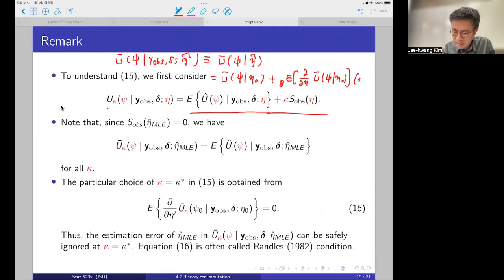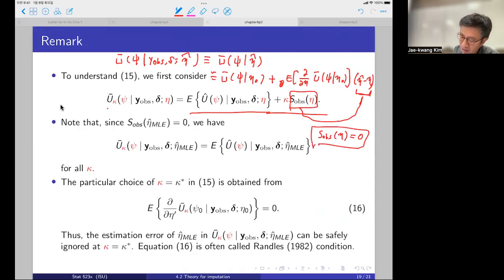But the point is that, at the end of the day, this term will be proportional to the score function, because the solution to the score equation set to zero will be eta hat.